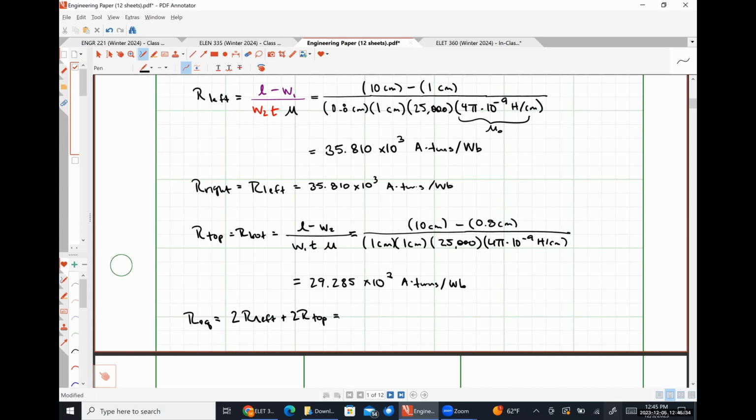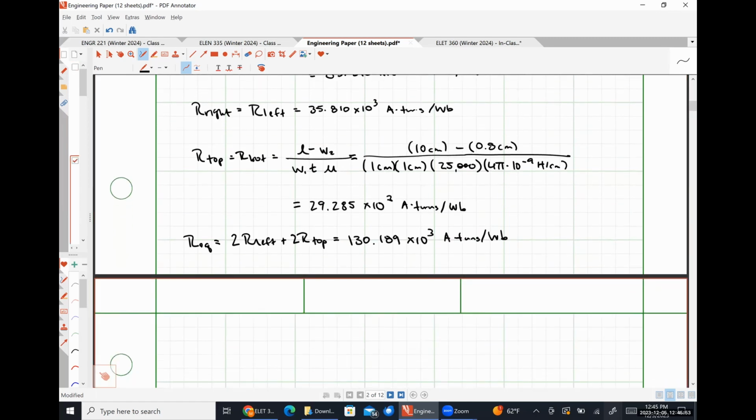So this is going to come out to be 130.189 times 10 to the 3 amp turns per Weber.